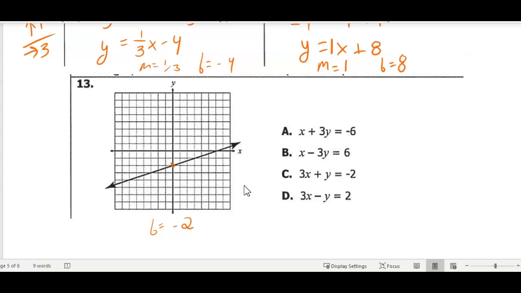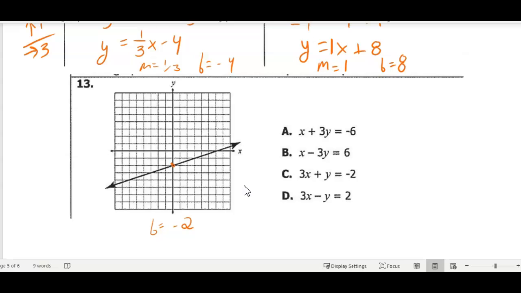So when I look over here, which ones can I eliminate? At first glance, I'm not seeing any I can eliminate, because on this one, when I divide by negative 3, that would make that negative 2. When I divide by 3, that would make that negative 2. This one's already negative 2.